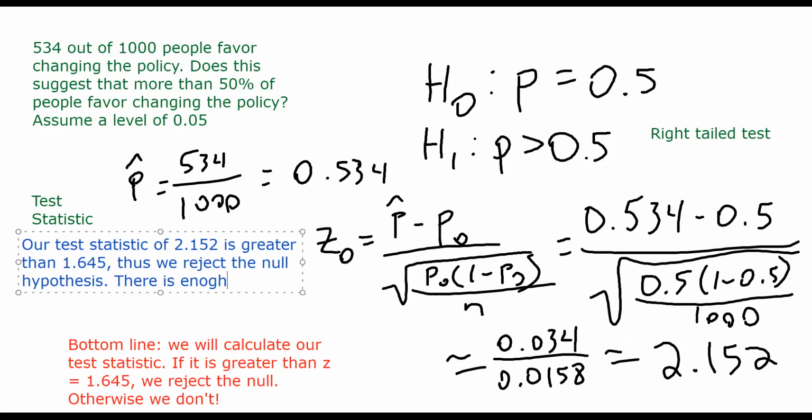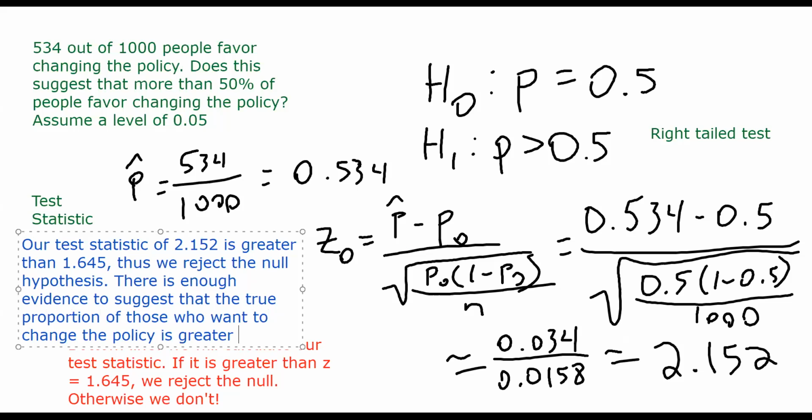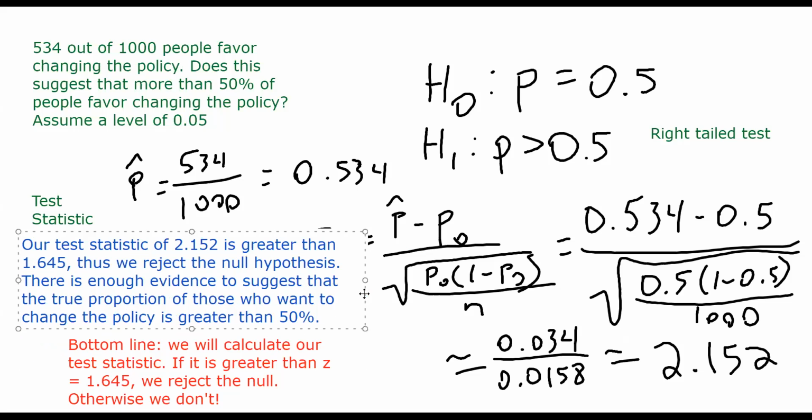There is enough evidence to suggest that the true proportion of those who want to change the policy is greater than 50%.